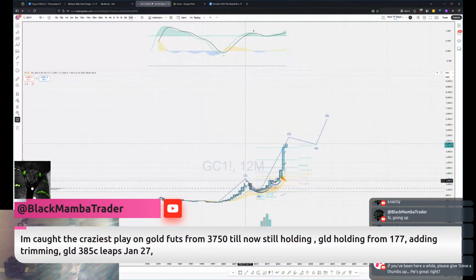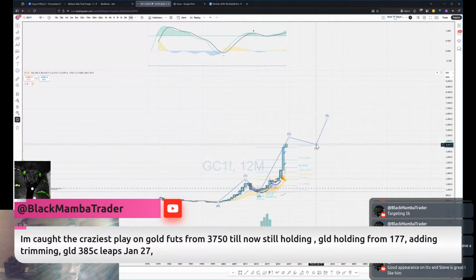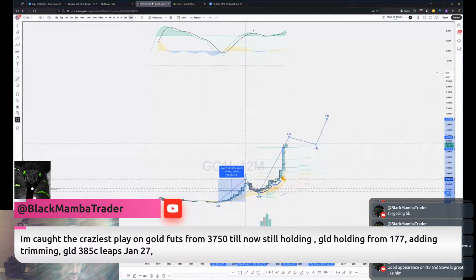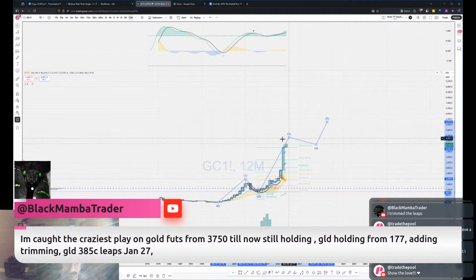The 0 to 1 is usually the same distance as the 4 to the 5. And we don't know how big this one is, but it will be the biggest.